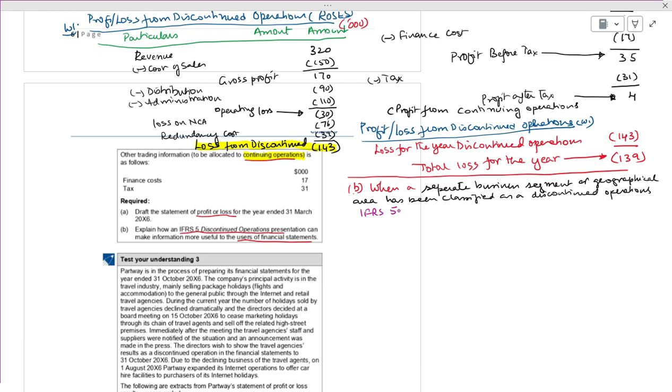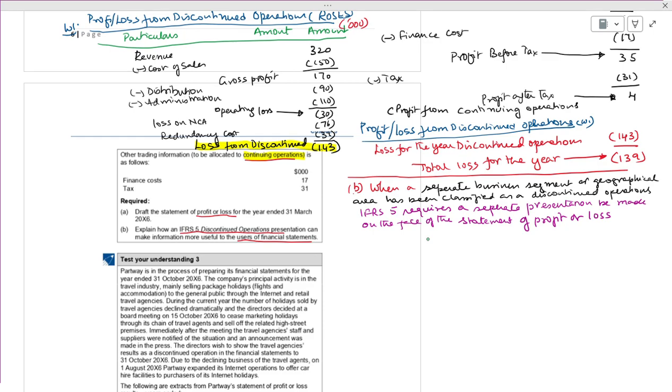IFRS 5 requires a separate presentation to be made on the face of the statement of profit or loss. This is the second point.